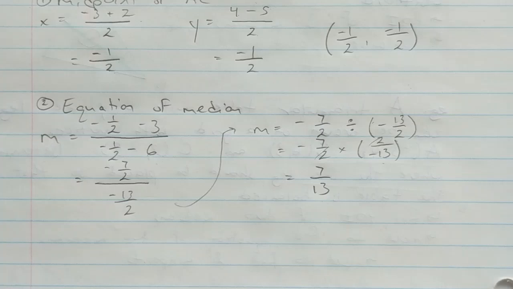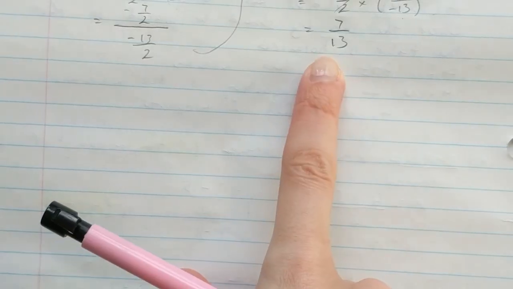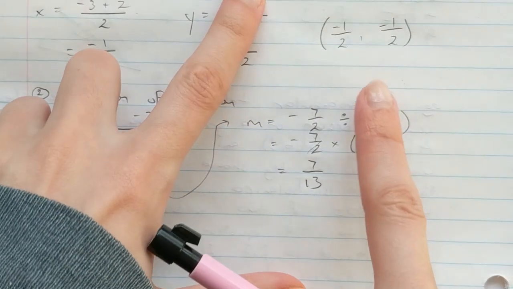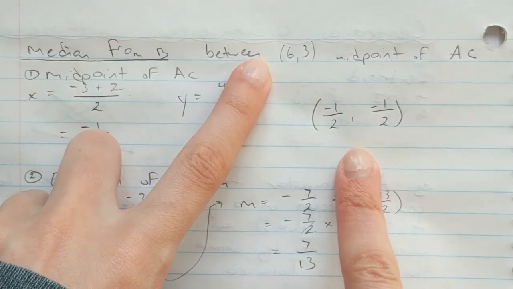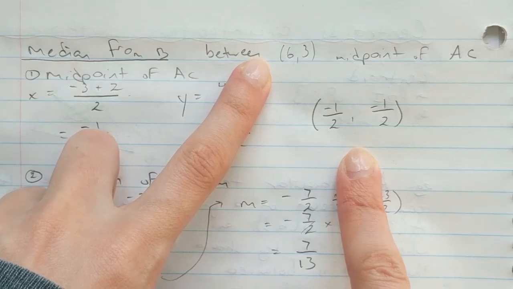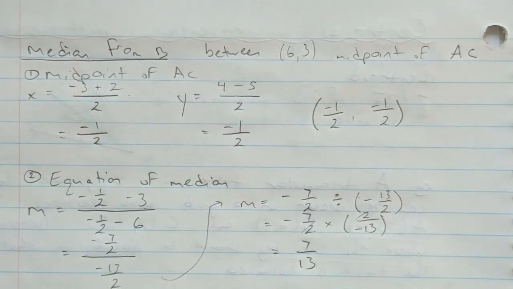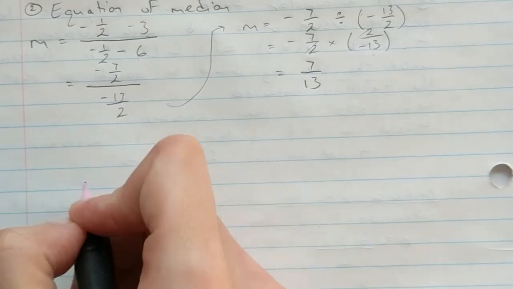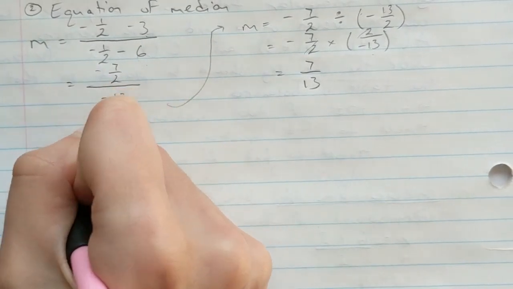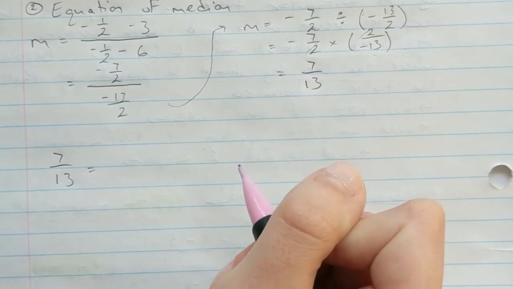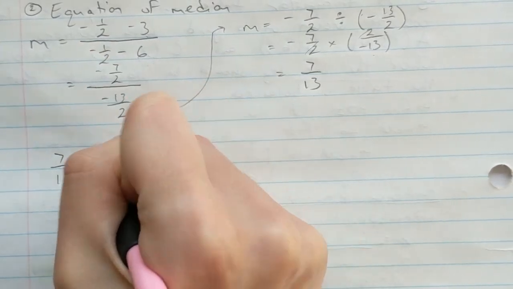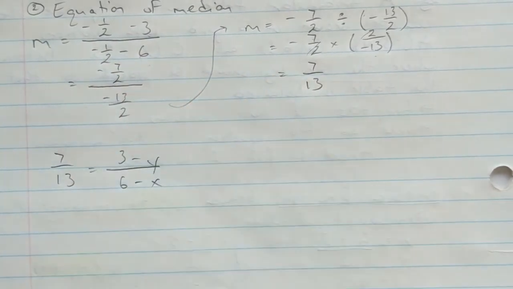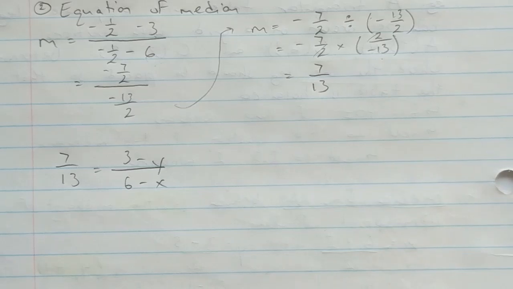From the slope, we now need to find the actual equation of that line. The equation has this slope and has to pass through one of the 2 points, either the vertex or the midpoint. I'm definitely going to pick the vertex here because these are whole numbers and that's a lot easier to deal with. So to find the equation of the line, I'm going to set my slope, 7 over 13, equal to 3 minus y over 6 minus x.